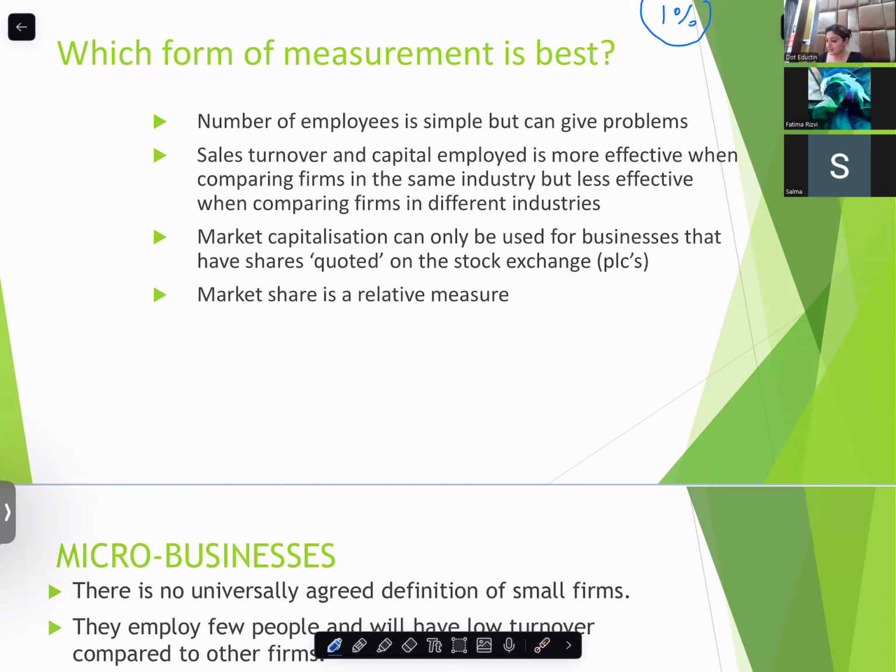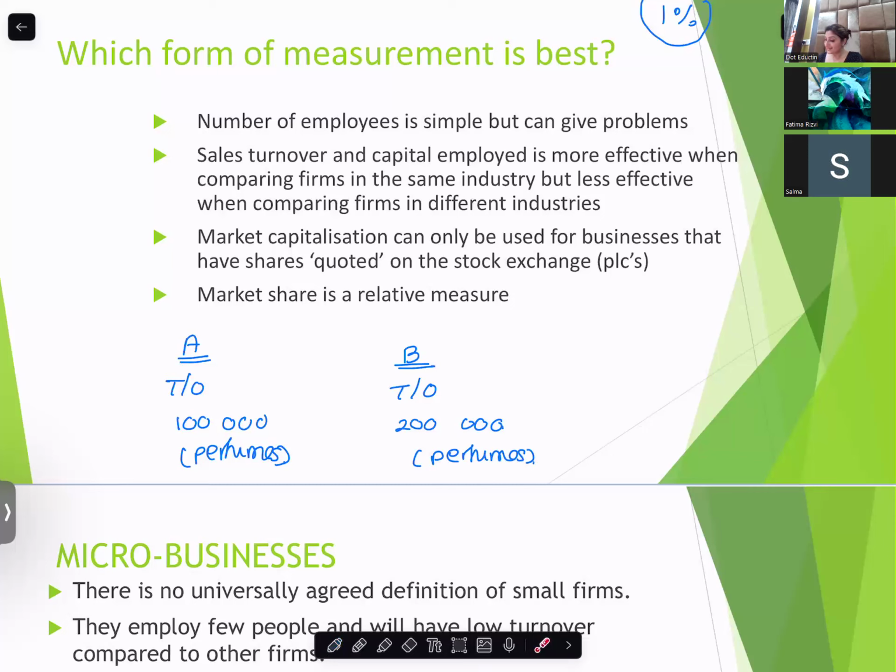That means, suppose you are A, your turnover is 100,000. You are in the industry of perfumes. This is B. B's turnover is 200,000. B is also in the industry of perfumes.